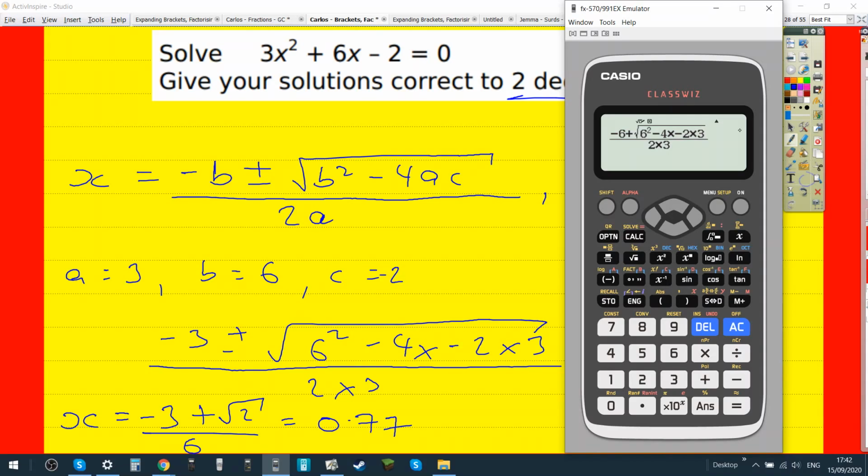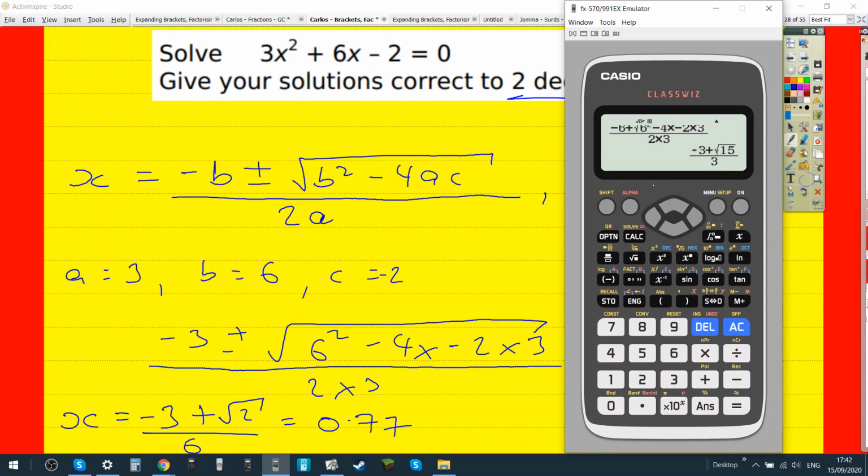Okay. I get minus 3 plus square root of 15 over 3. Yeah, and SD. SD, and then I have to do it to 2 decimal places, right? Yeah. So 0.29.